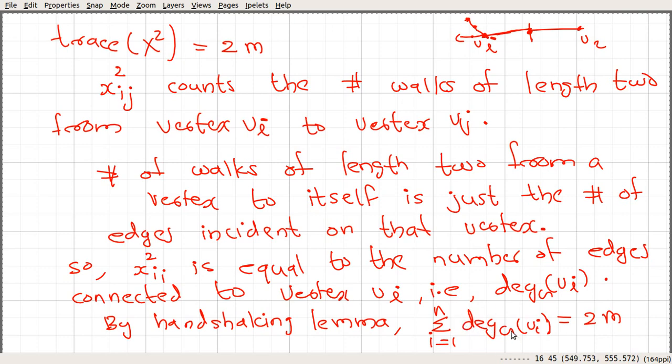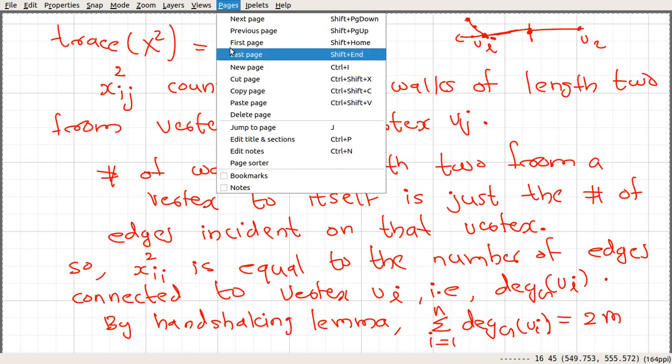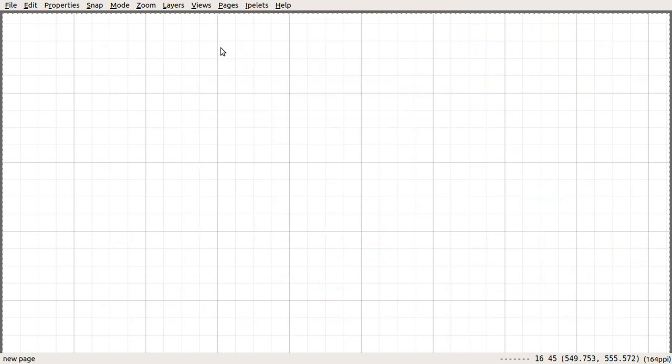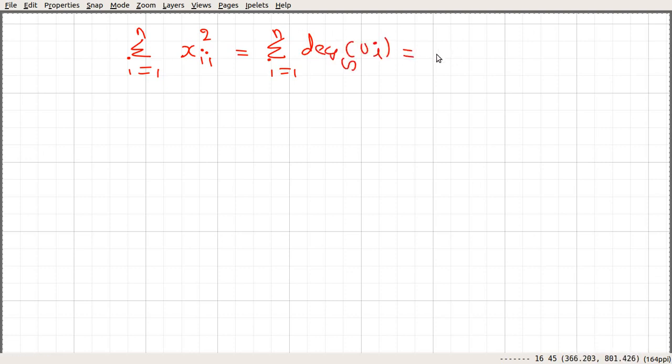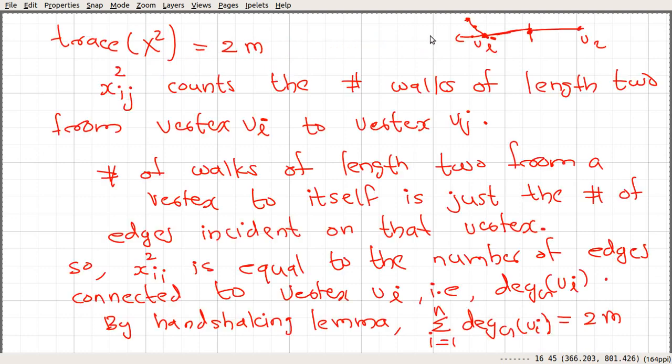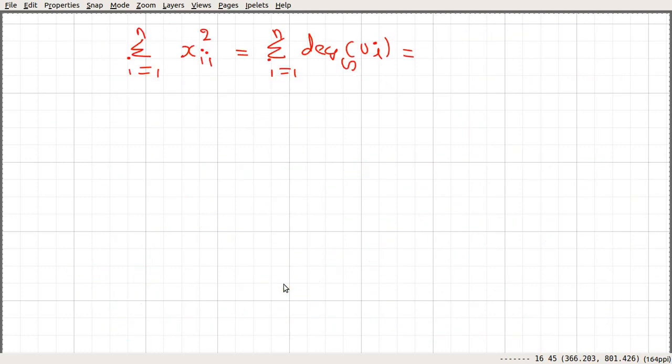And here this summation is nothing but this quantity. So we have sigma i equal to 1 to n of xii squared, that is nothing but sigma i equal to 1 to n of the degree of each vertex vi in our graph G. From the handshaking lemma, we know that this sum of the degrees of each vertex is 2 times the number of edges.